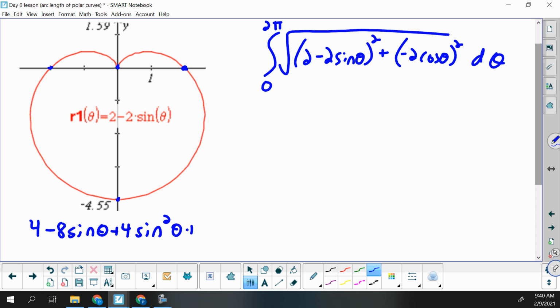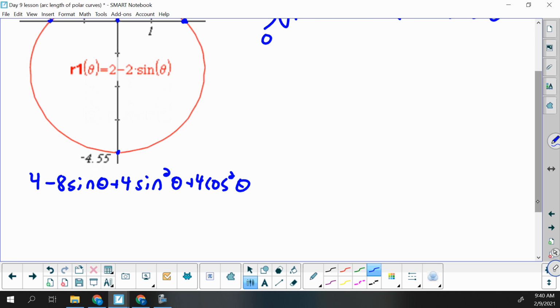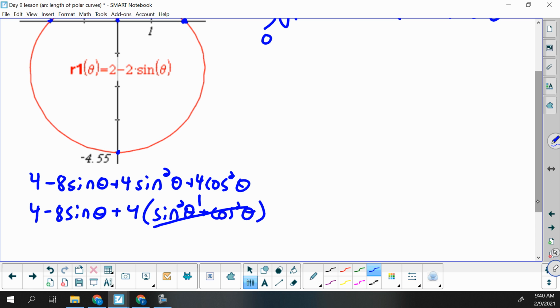And then we'll have plus 4 cos squared theta. Well, this is 4 minus 8 sine theta plus 4, and you can pull out the 4 and be left with sine squared theta plus cos squared theta, which is just 1, so we're going to have 8 minus 8 sine theta.